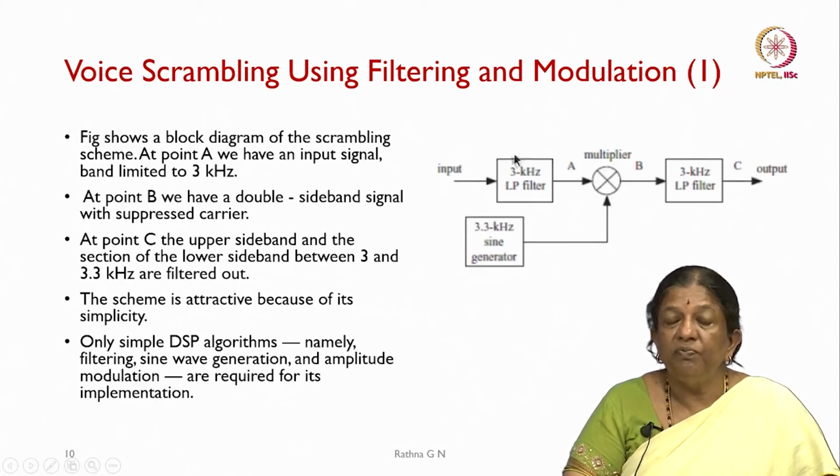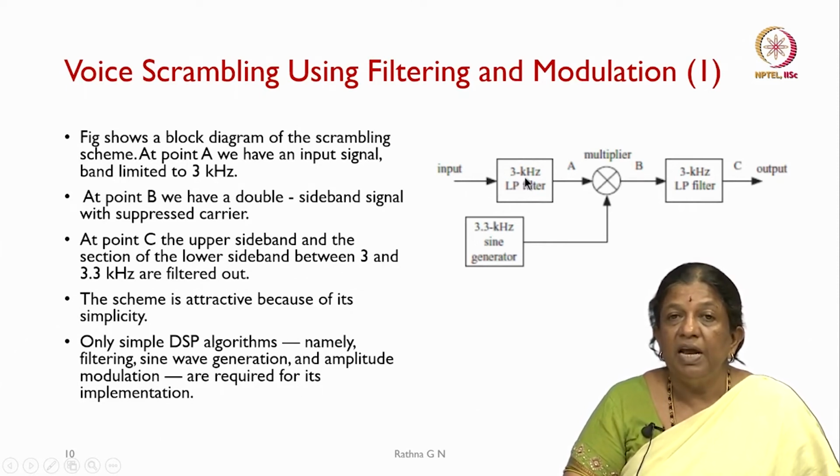What we want is that the frequencies above 3 kilohertz have to be cut off. So, we will be putting in a low pass filter with a cutoff frequency of 3 kilohertz, and we call this point A.